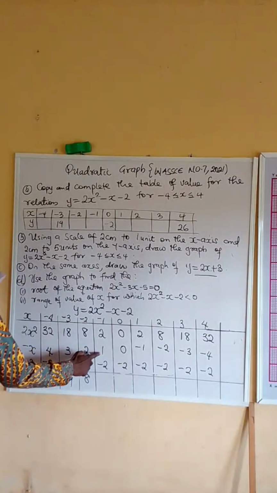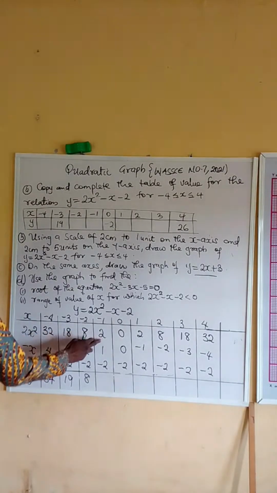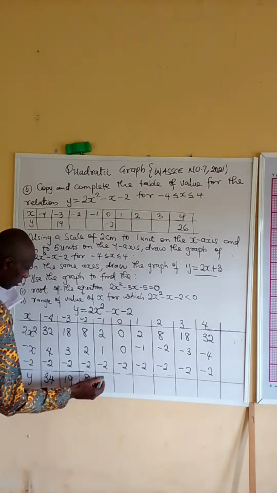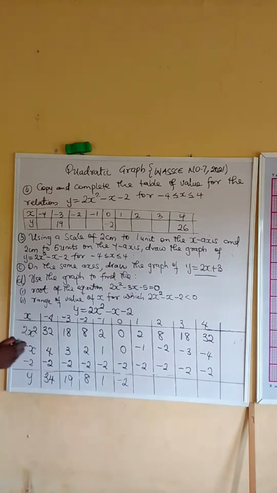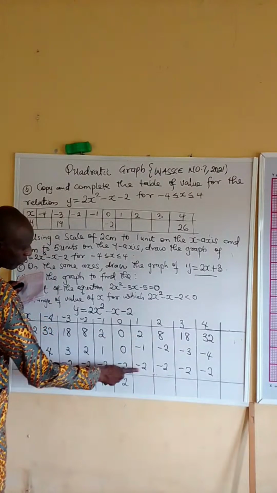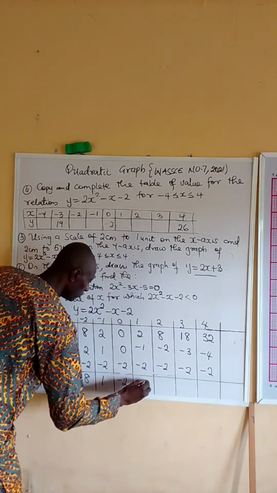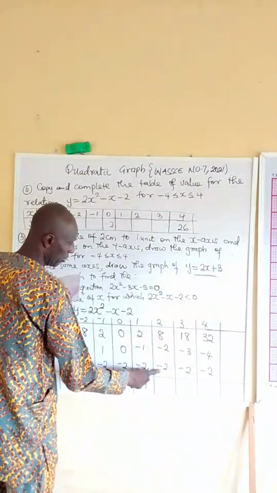Now, 1 plus 2 is what? 3. 3 minus 2 is 1. Here is minus 2. Okay? 2 minus 2 is 0. So here will be minus 1. 2 minus 2 is 0.